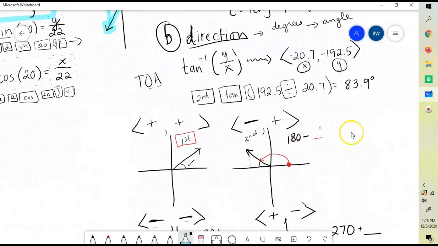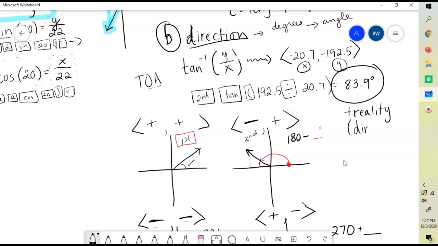So we're going to take the number 83.9. That's what we got for our triangle. And then we are going to add reality to it based on which direction it went. We are going to say, hey, this is in the third quadrant.